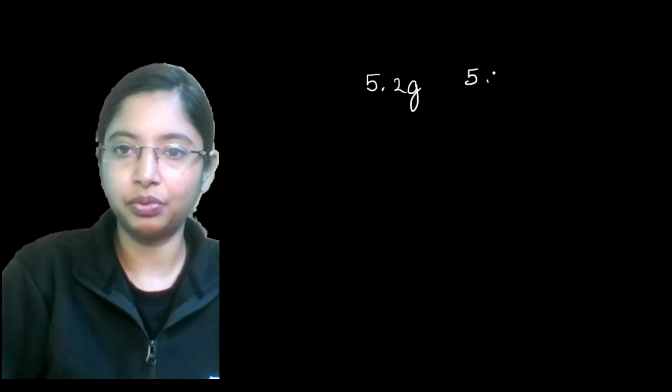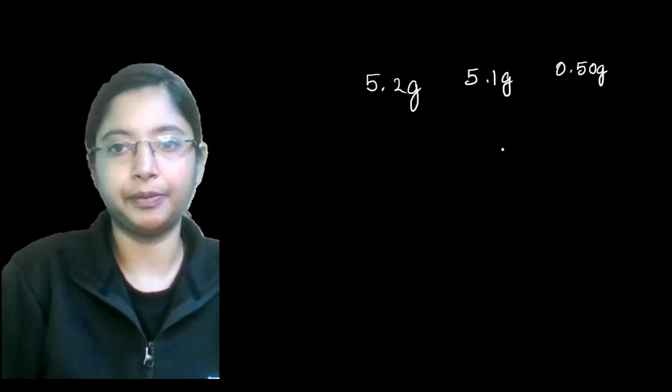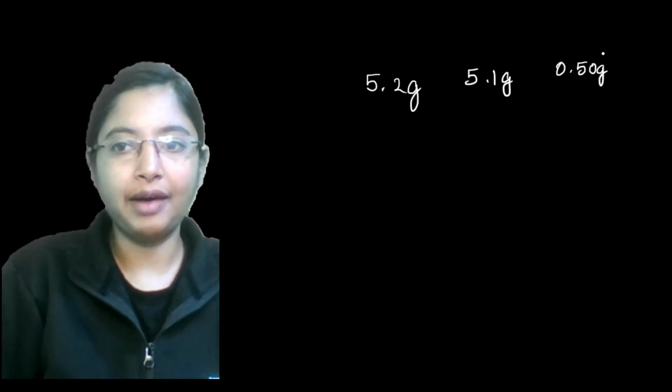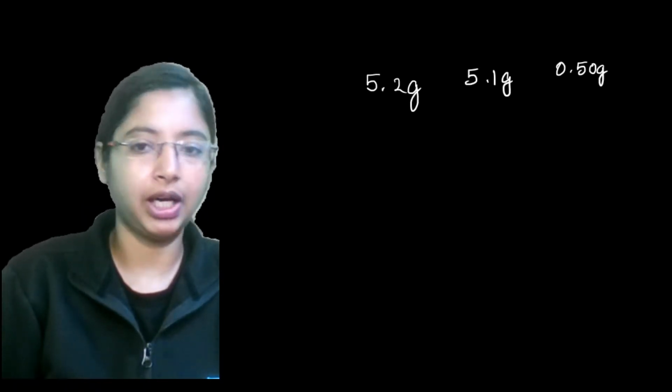Let's say you're measuring the mass of some object, and you're getting 5.2 grams in the first reading, 5.1 grams in the second reading, and around 5.0 grams in the third reading. If you take the average of all three readings, that will be the actual reading of that particular mass, right?